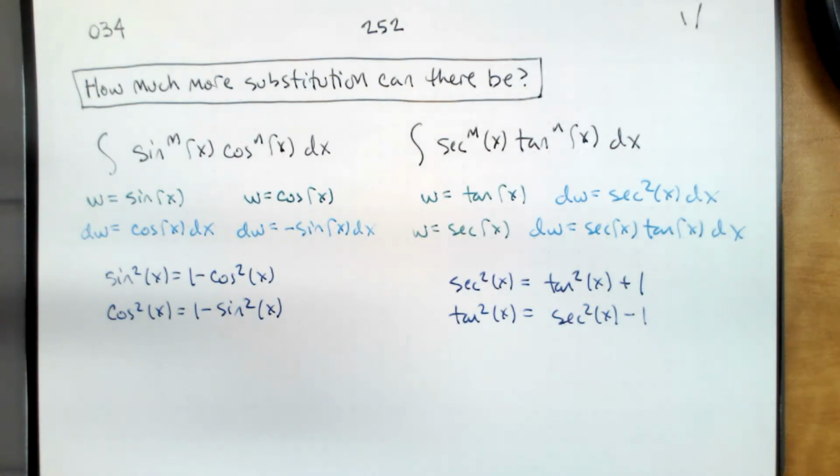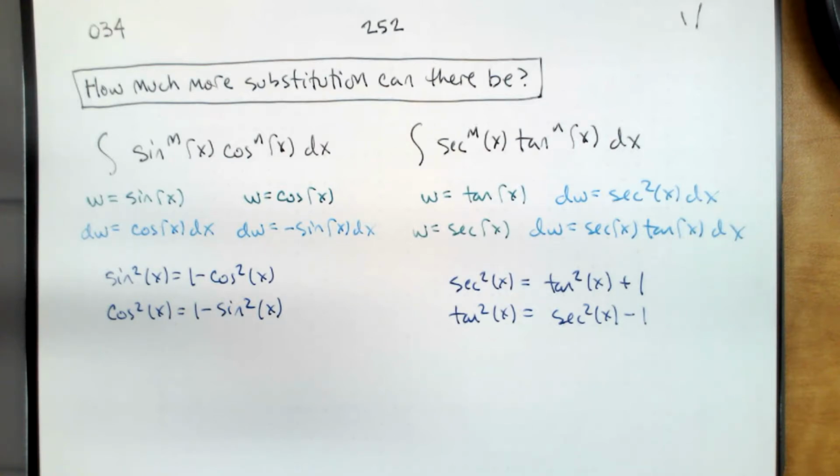So that tells us something about m and n if we want to make the cosine substitution. If w is going to be cosine, I need one factor of sine to be the dw, and I need an even number of sines to convert to cosines without introducing radicals. If we want to do the cosine substitution, I need an odd power of sine.